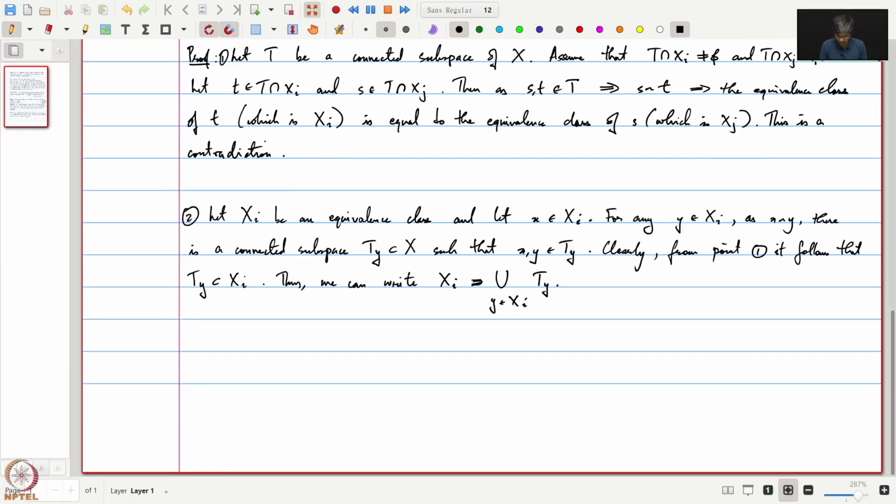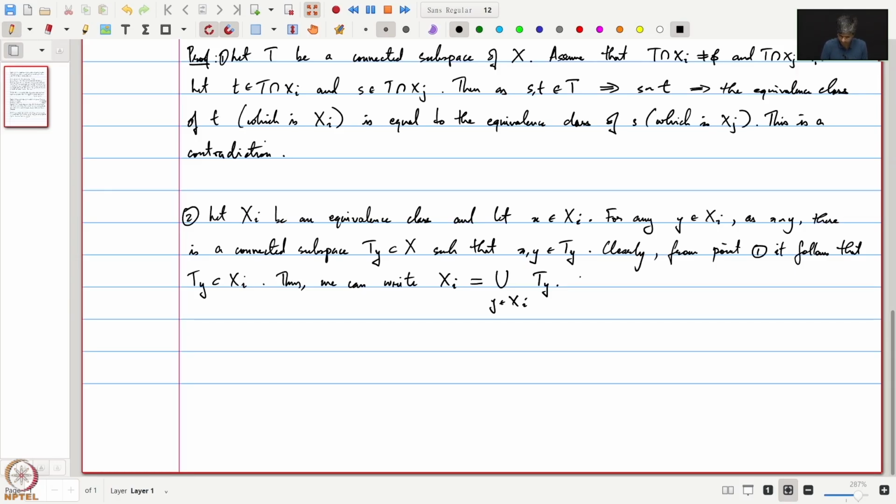So this inclusion is obvious, because for each y in Xi, the subset T sub y is contained in Xi, and therefore when we take a union, it's going to be contained in Xi. And conversely, for the other inclusion, for every y in Xi, T sub y contains y, right? So therefore, this is actually equal, right?